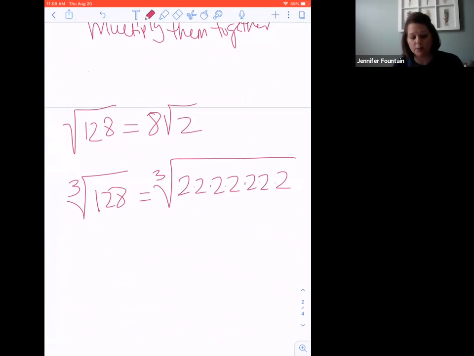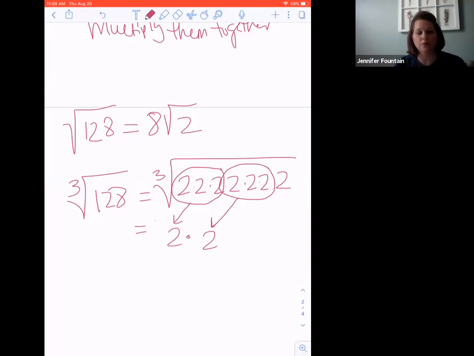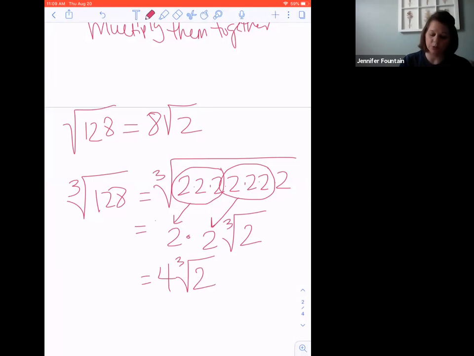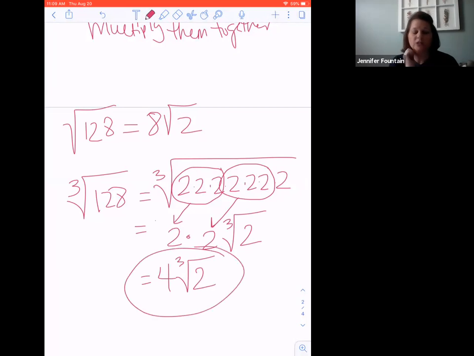Remember, my index tells me that now I have to have 3 2s. So this group of 2s comes out as one whole number 2. This group of 2s comes out as another whole number 2. And then I have one little guy left under there that can't come out. So I've got to multiply those together. 2 times 2 is 4. So the cubed root of 128 is 4 times the cubed root of 2. So that index is what tells you how many of each thing you need to have.